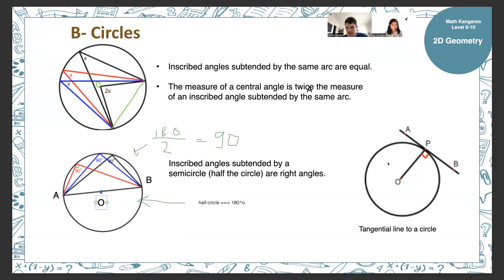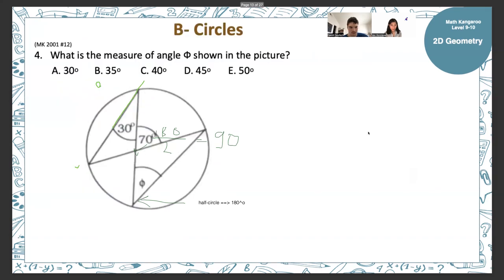So I think combined with what we had with triangles and with circles, let's do a few questions here. The first two questions are just pretty much a basic review of inscribed angles. Let's see if we can get it. What is the measure of angle phi shown in the pictures?